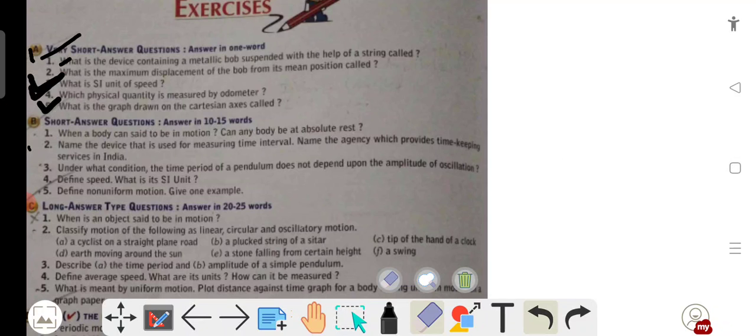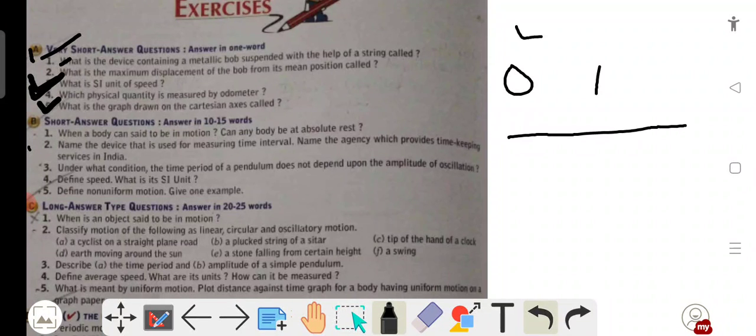So what is the example? Give one example here. If a body at 0 second, 1 second, and this is the time, and these are the distances. At 0 second, 0 distance is covered.